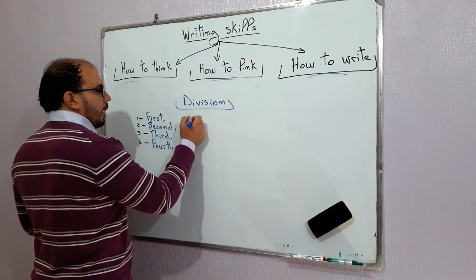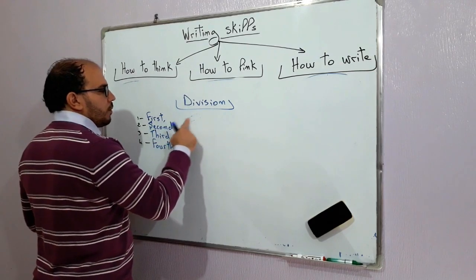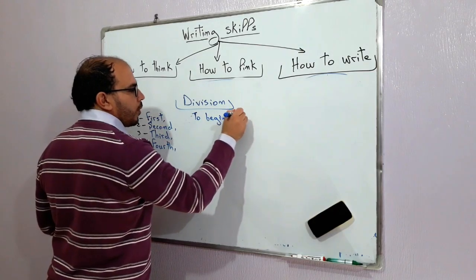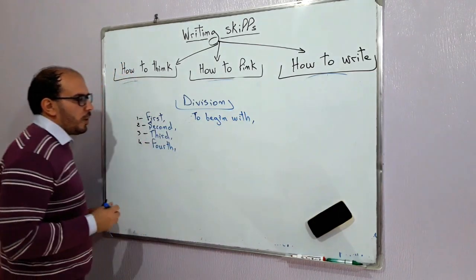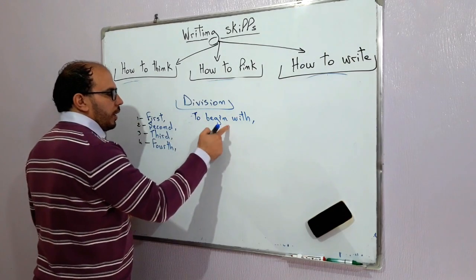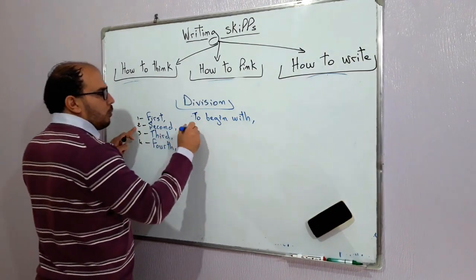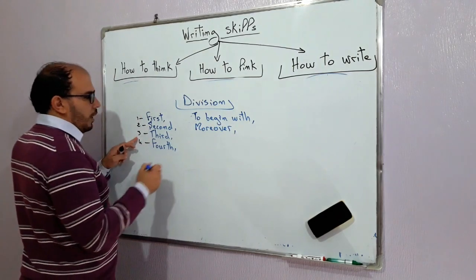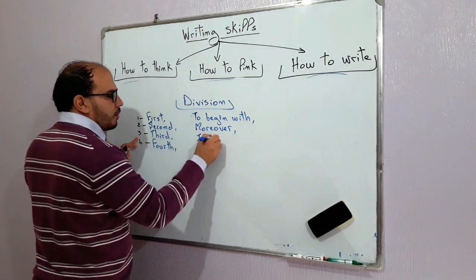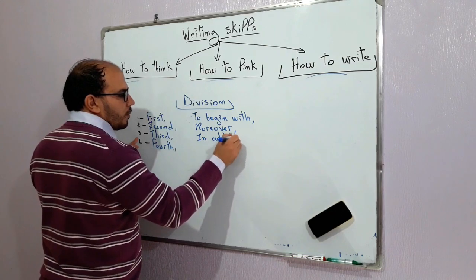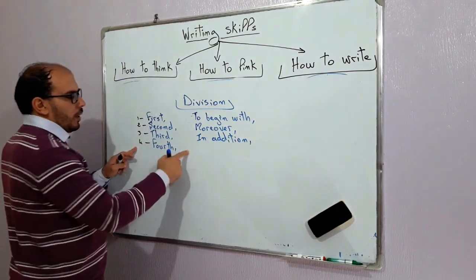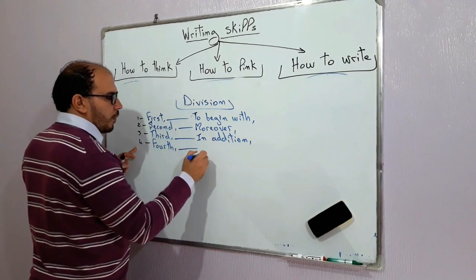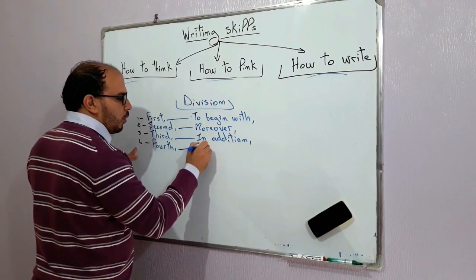I can also say to begin with. When I have to begin with, then I can say moreover. Then I can say in addition. Then I can say, for example, besides or furthermore.